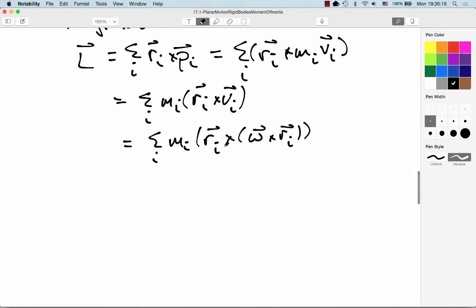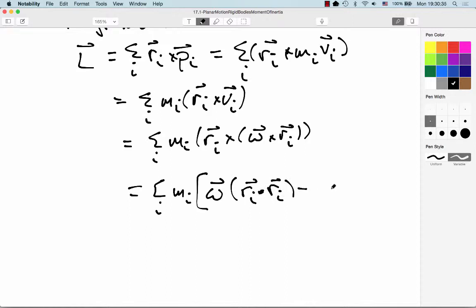And so here's a good time to invoke the BAC-CAB rule. Sum over i, mi. So BAC, B is omega times A dot C, Ri dot Ri, minus CAB, so C is Ri, times A dot B, Ri dot omega.